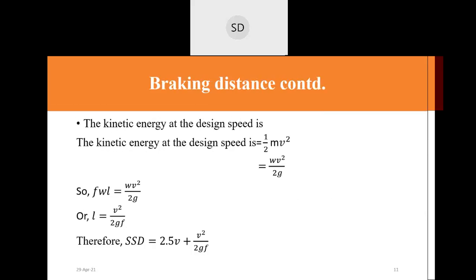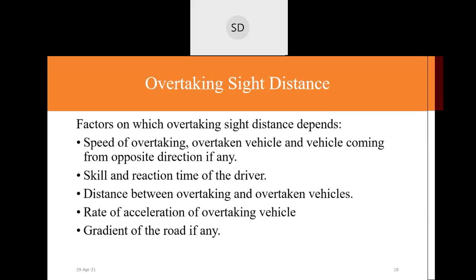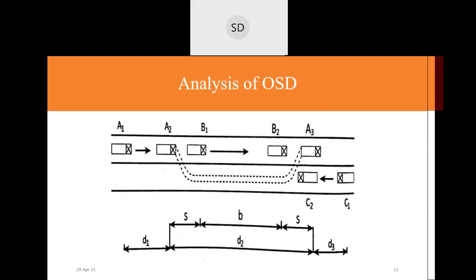So let me discuss this again. If you go for the analysis of this distance, initially the speed of vehicle A was v meter per second, but its speed was reduced to vb meter per second.